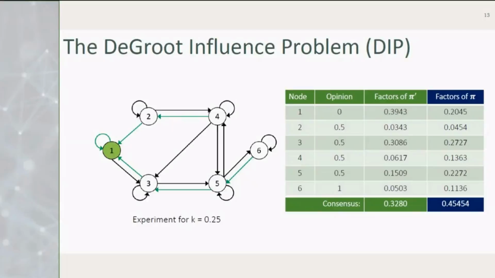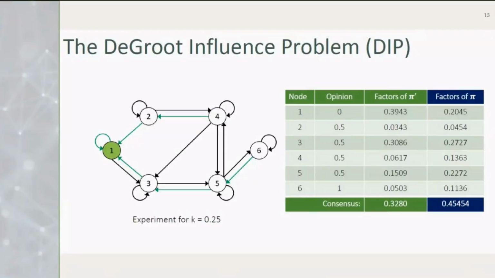The alteration is also noticeable in the stationary probability vector p prime, which is presented on the third column of the table. You can see, compared to the fourth column of the table p, that the influence factor of node 1 was almost doubled from 0.20 to 0.39, while the trust factor, the contribution, in other words, of node 6 was halved from 0.11 to 0.05.